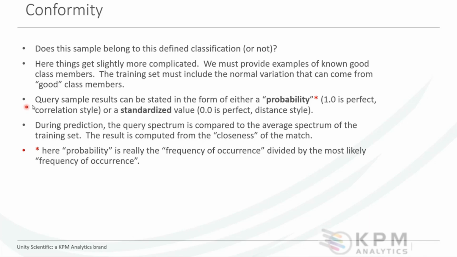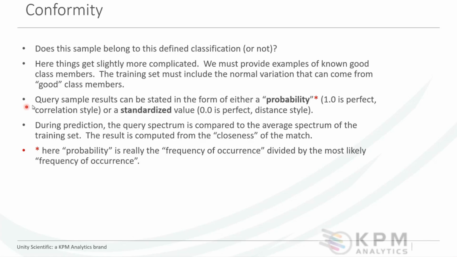So our unknown samples can either be evaluated and the results can be predicted either in the form of a probability or a standardized value. So this goes back to our distance versus our correlation that we were talking about earlier.